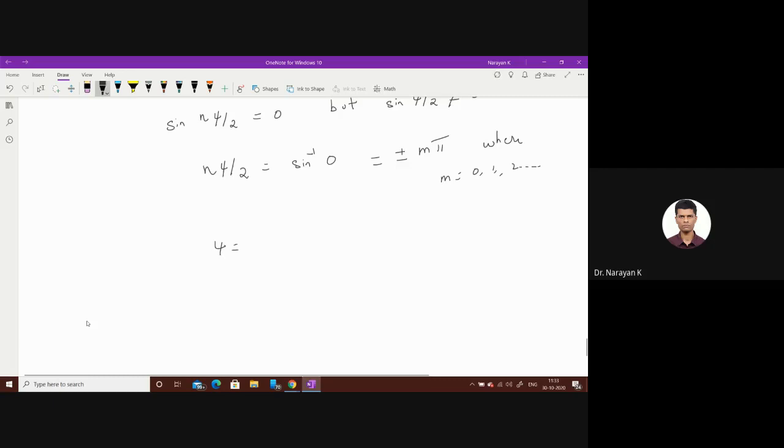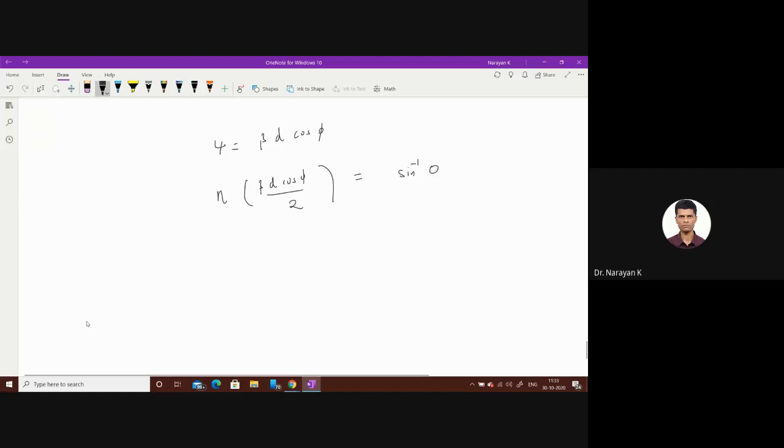Substitute psi is equal to beta d cos phi. So psi here will be beta d cos phi by 2. This will be equal to sine inverse of 0. Beta is equal to 2 pi by lambda and d is equal to lambda by 2.